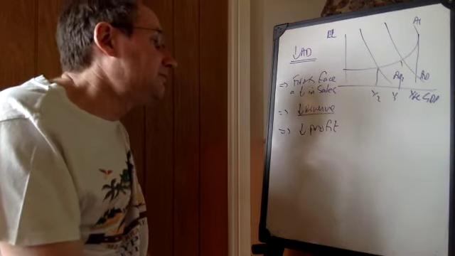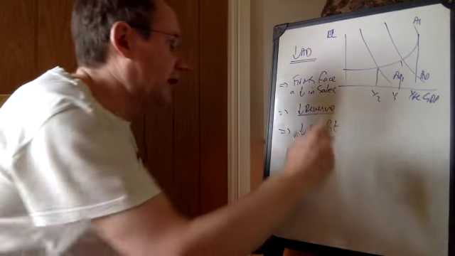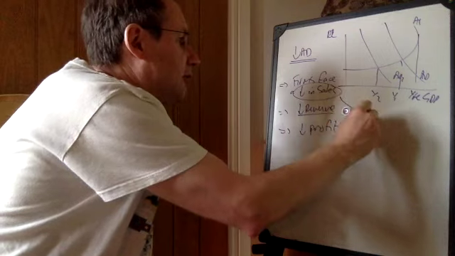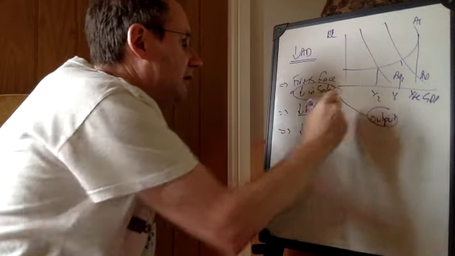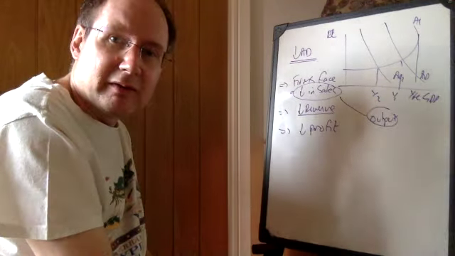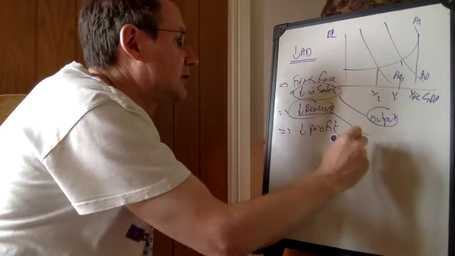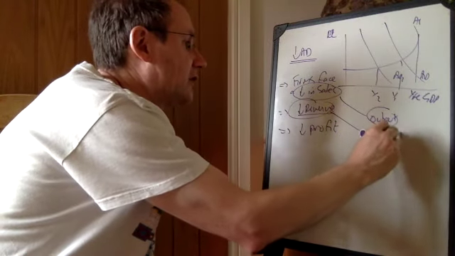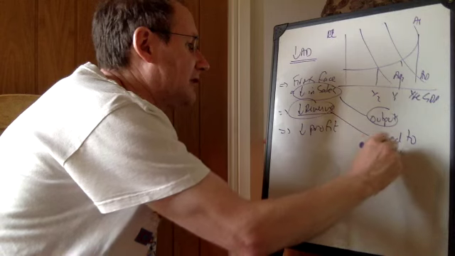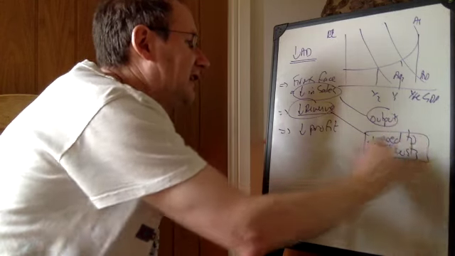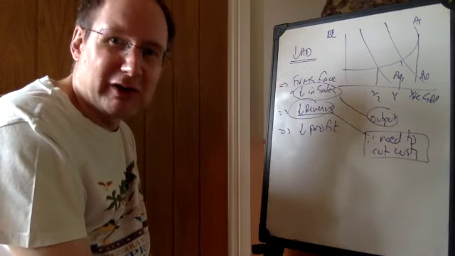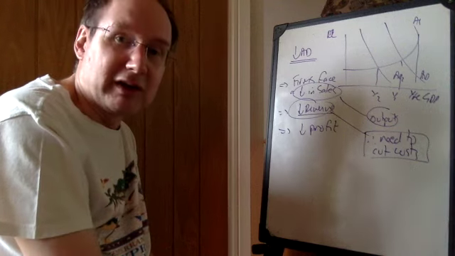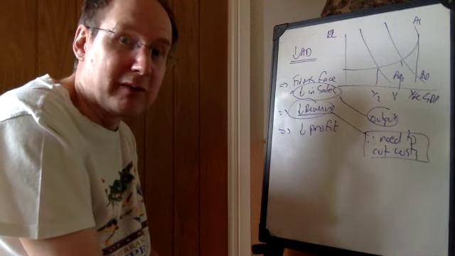So what are they going to do? They've got fewer sales, so their output has gone down, so they don't need as many workers. Secondly, they've got less revenue, so they need to cut costs. It's fairly obvious what's going to happen: if you don't need as many workers and you need to cut costs, some of those workers are going to be let go. They're going to be made redundant.